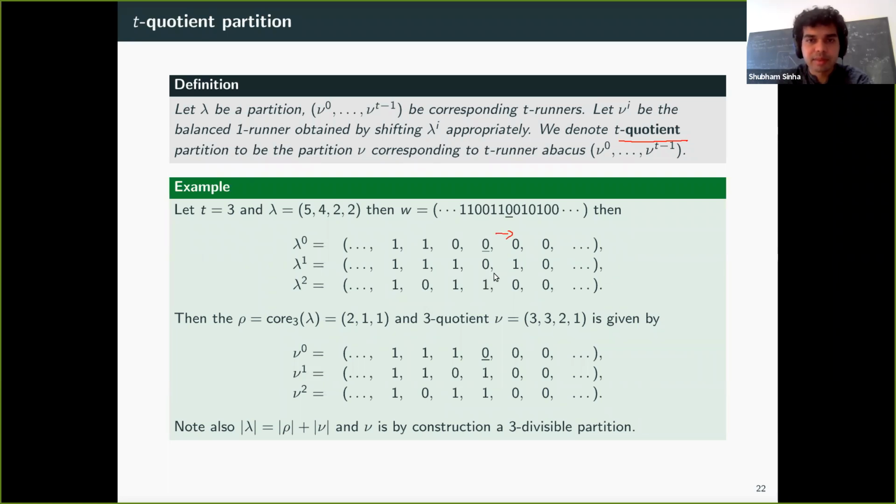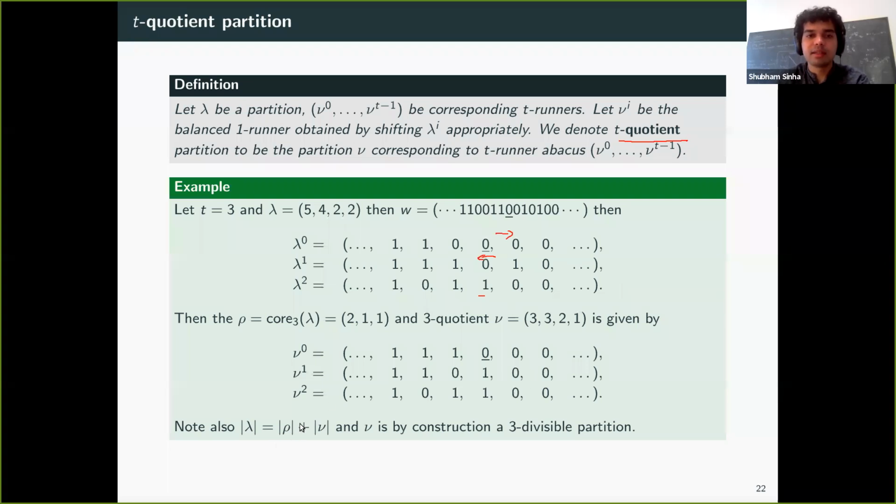Sorry, this is not balanced by 1. So you shift this by -1, and then this you will keep the same because this is balanced. To obtain this tuple of one runners, which will give you the T runner, and the corresponding partition to this is defined to be the T quotient partition.